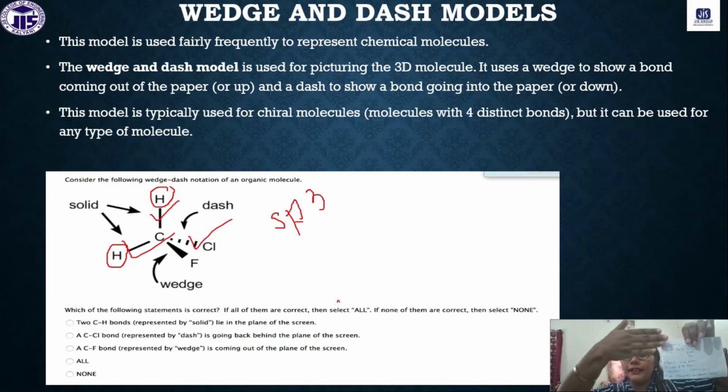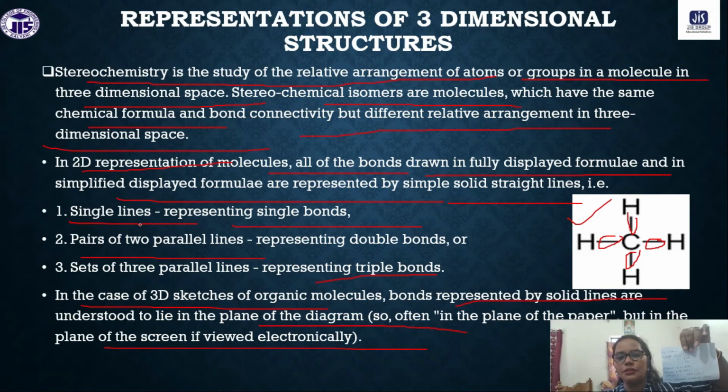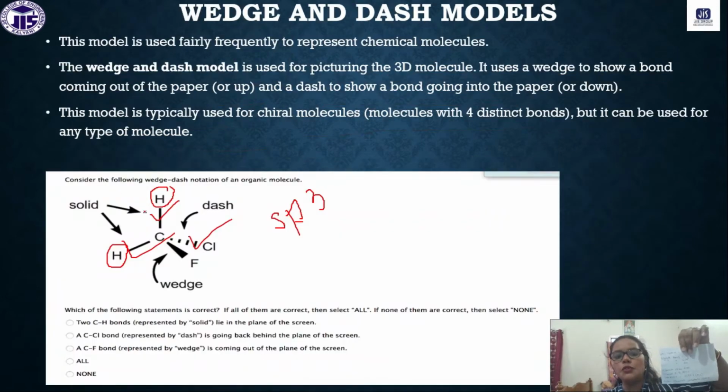This is an xy plane. In the plane of this paper, the two hydrogen bonds are represented by solid bonds. The wedge or broad bond is projected towards yourself: the fluorine atom is projected towards yourself, in front of the board plane.